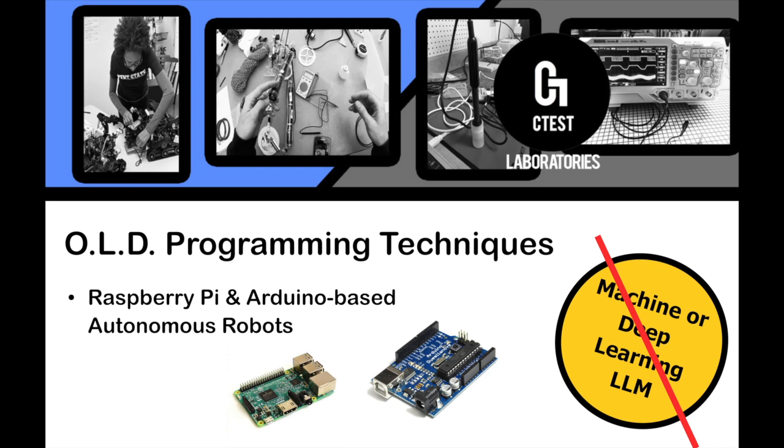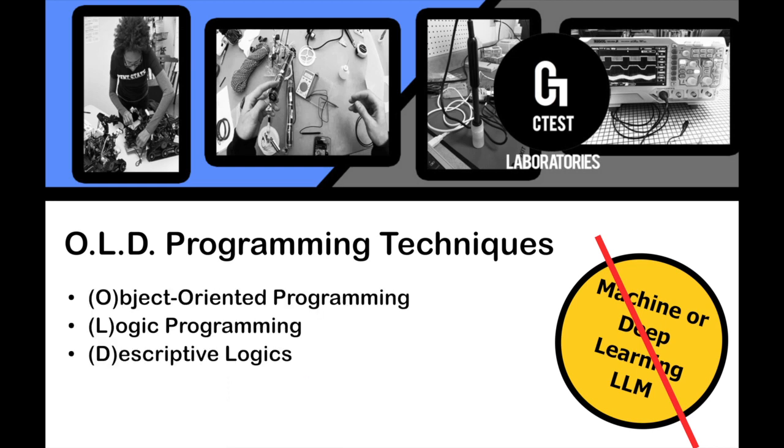First, the technologies that we are using are not the latest and greatest technologies and techniques. These are tried and true, very well documented, very well supported, very well known and understood programming techniques. So they're old in that regard. And then we just had fun with the acronym OLD.